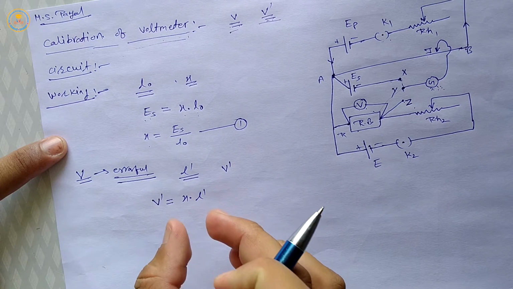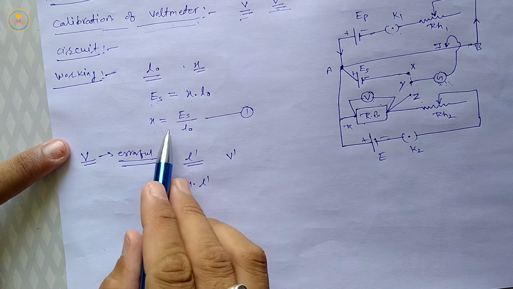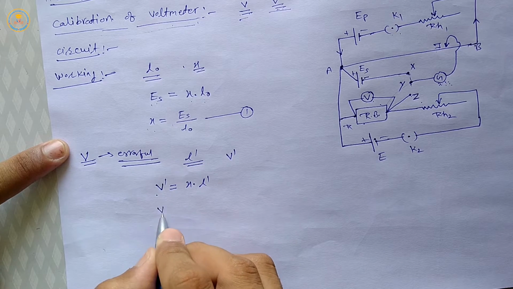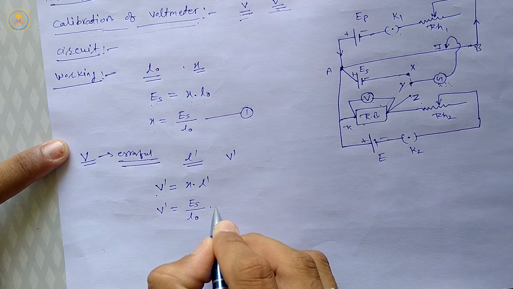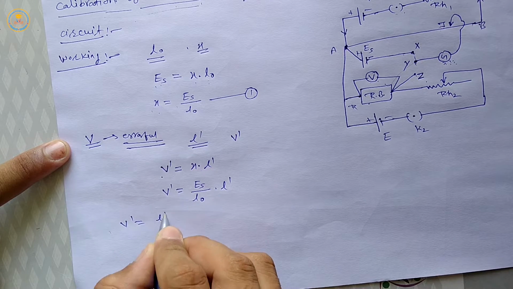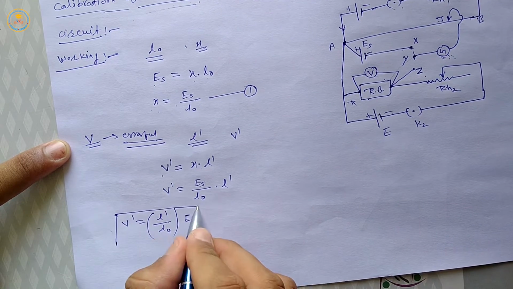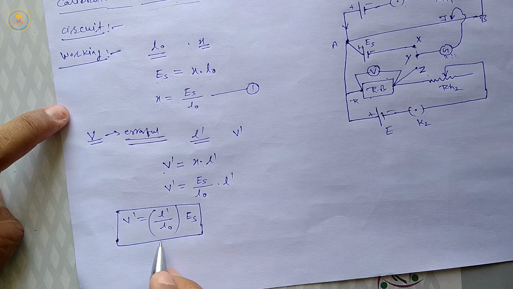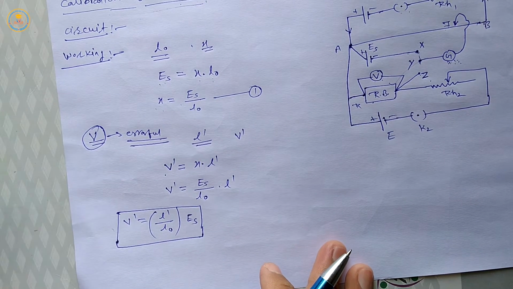Now put the value of the potential gradient from equation 1 in the above equation, then V dash is equal to E S upon L naught into L dash. Rearranging, we get V dash is equal to L dash upon L naught multiplied by E S. This is the exact value of potential difference by the help of a potentiometer, and this is the errorful potential difference.